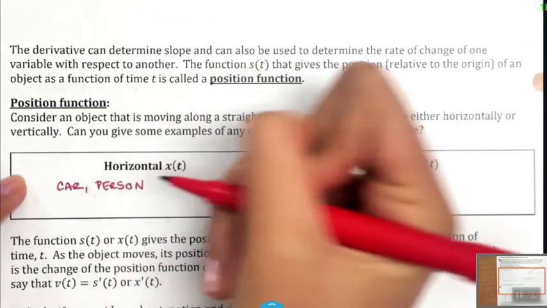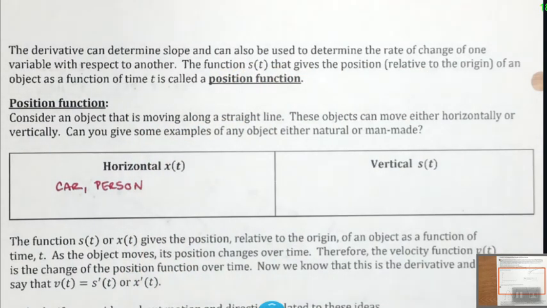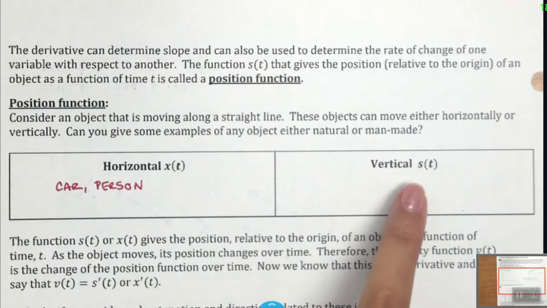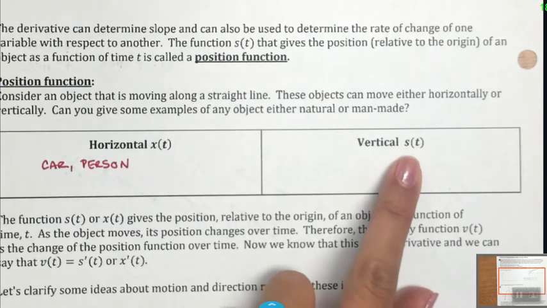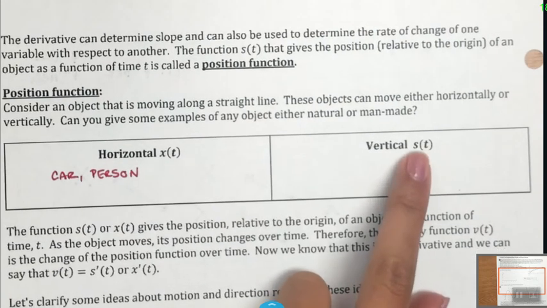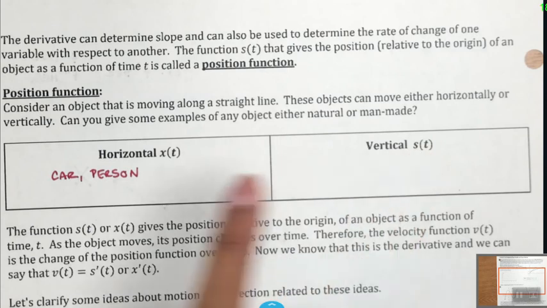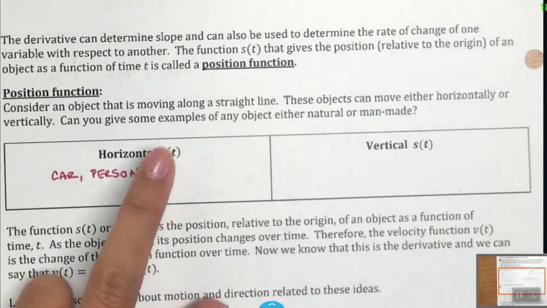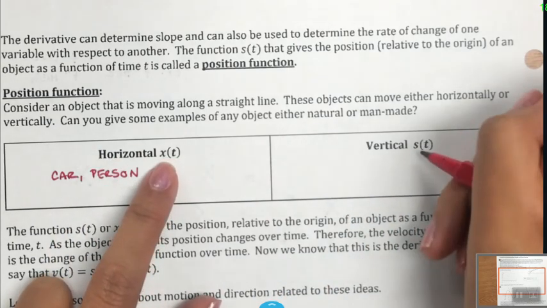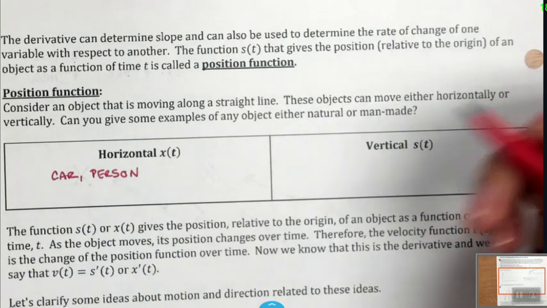But we only have one directional movement, just like back and forth. And then vertical is usually in terms of s of t, your normal position function. Horizontal is x of t. I don't know why they use s for vertical.